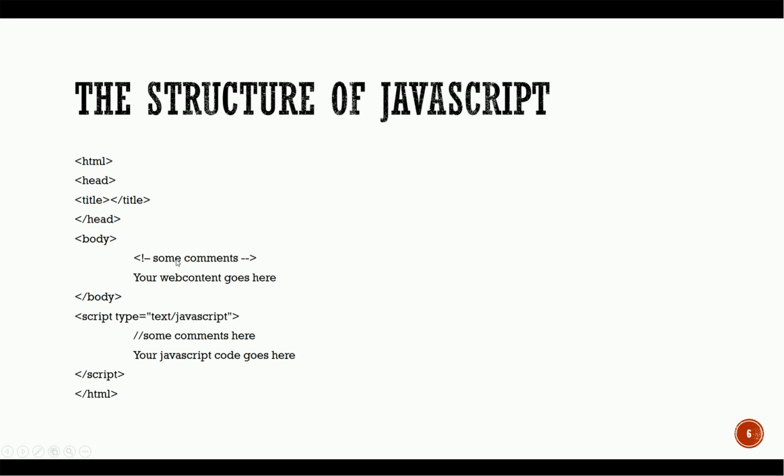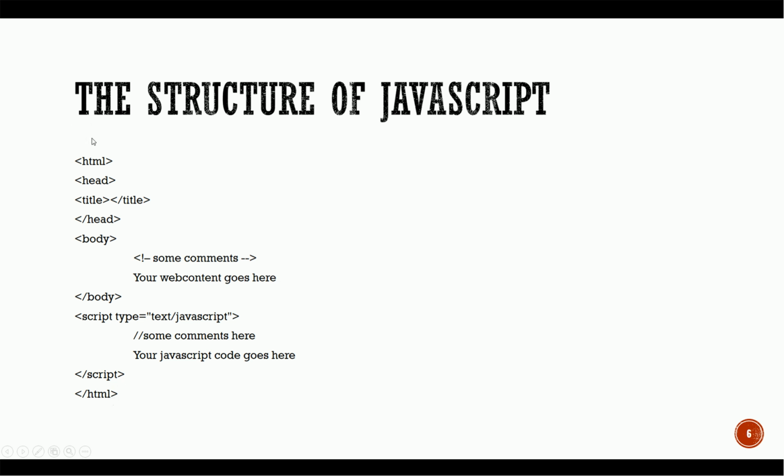And if you see, it is different from the HTML comments, because we use this symbol instead of the double slash. So to remind you again about the basic structure of a web HTML file, everything needs to be wrapped between the HTML and closing HTML tag.